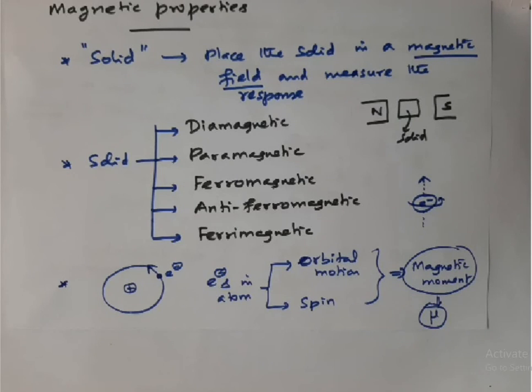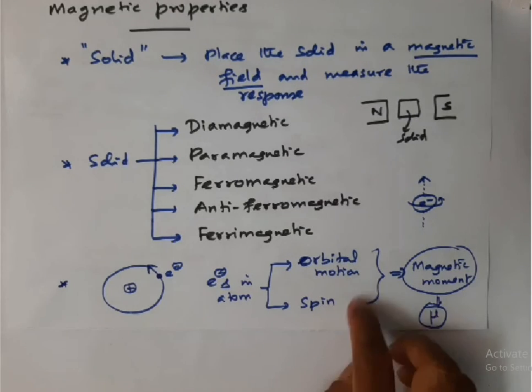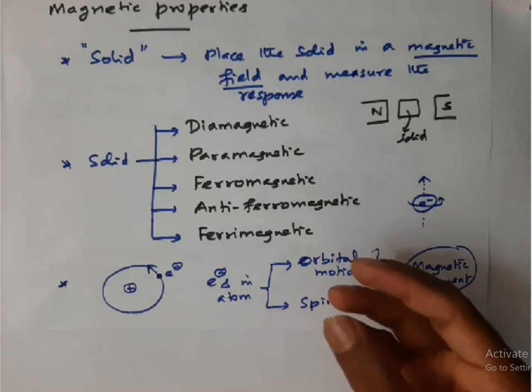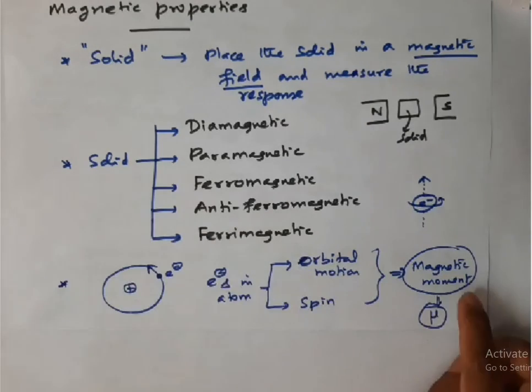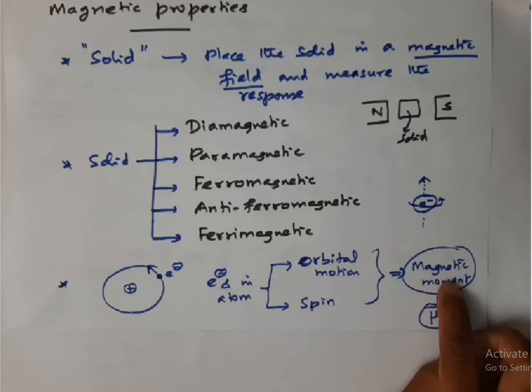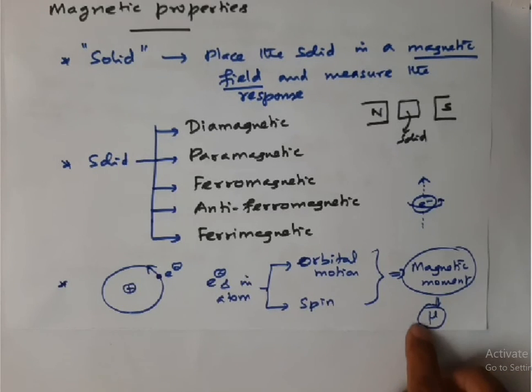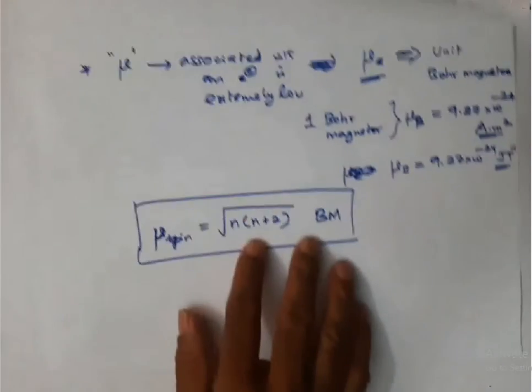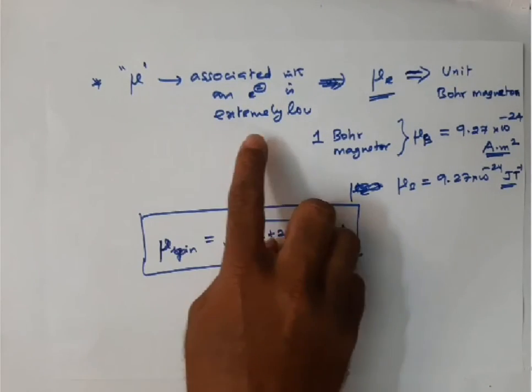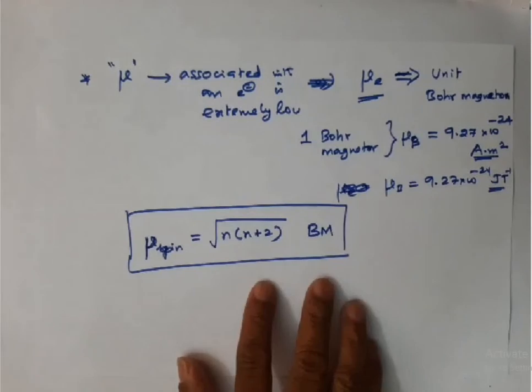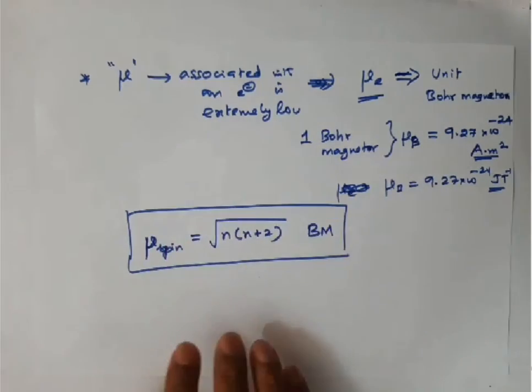And this magnetic field that arises in the solid is measured by a quantity called magnetic moment, which is expressed by the symbol mu. The next important point is that the magnetic moment associated with an electron is extremely low.